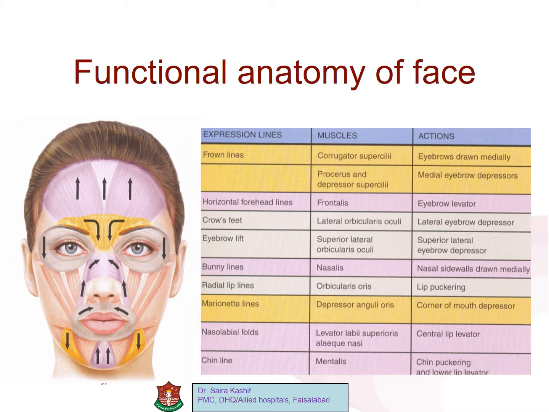Here is the frontalis, which results in the formation of the horizontal forehead lines. Here the orbicularis oculi, which forms the crow's feet, nasalis muscle, which is involved in the bunny line formation, orbicularis oris muscle for the radial lip line, mentalis for the chin line, depressor anguli oris produces the marionette line.